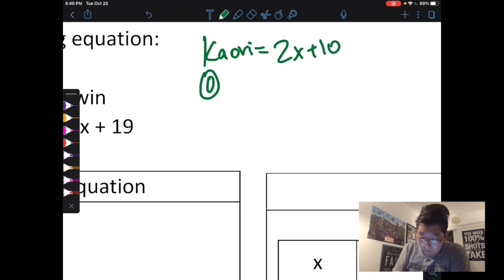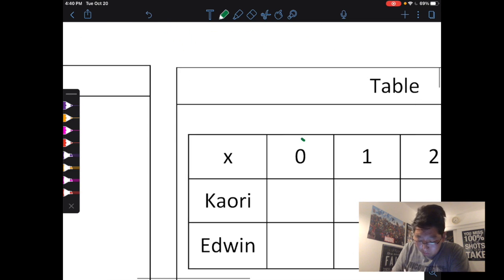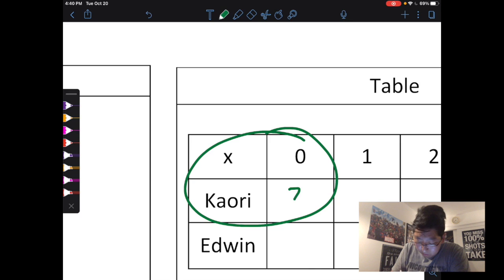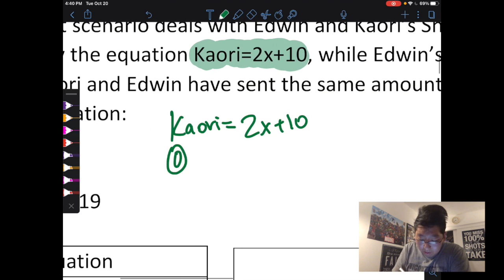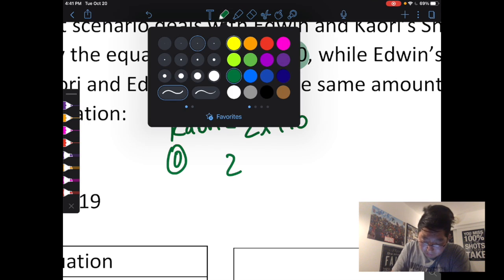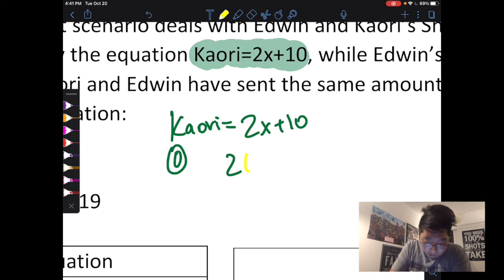So this is where we put this 0. When x is 0, what is y? When x is 0, what is his y? So we're going to plug in 0. 2, and instead of 0, I'm just going to use orange.